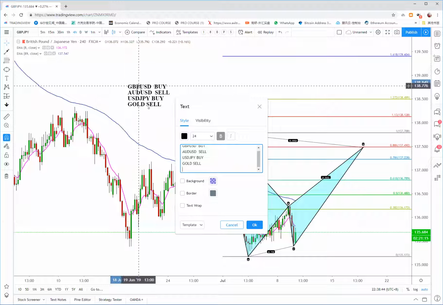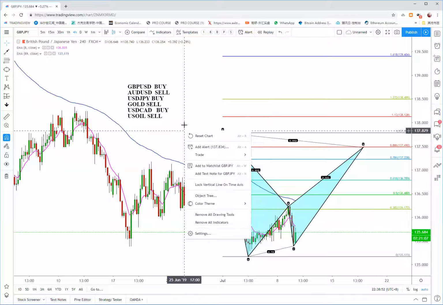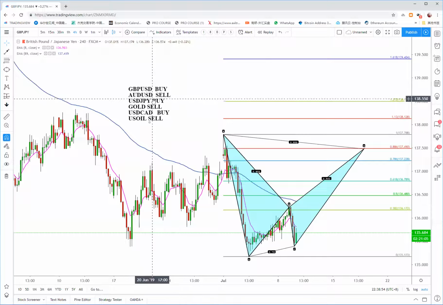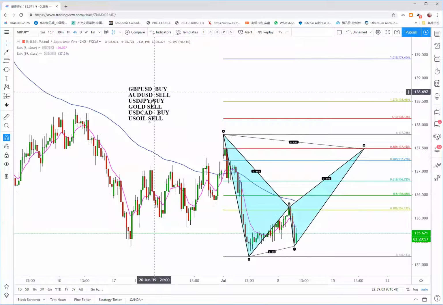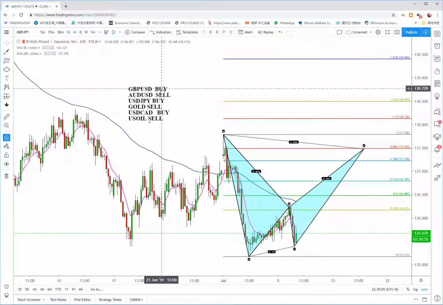So you need to check the correlation. Dollar CAD is a buy. Oil is a sell. You can take all of them and allocate maybe 1% of the risk. You don't need to allocate 2%. If you want to take all of them, of course, you want to make sure that you don't lose them all. But check the correlation.